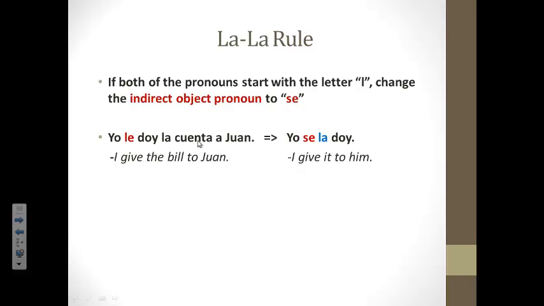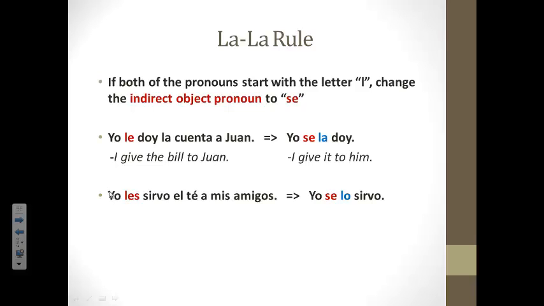If I want to make this a DOP and say I give it to Juan, or I give it to him, then if I don't know any better, I'm going to have yo le la doy. I don't want le la doy. That's my la la rule. They don't like redundant sounds. So they will change this first le to se. And to say I give it to him, se la doy.